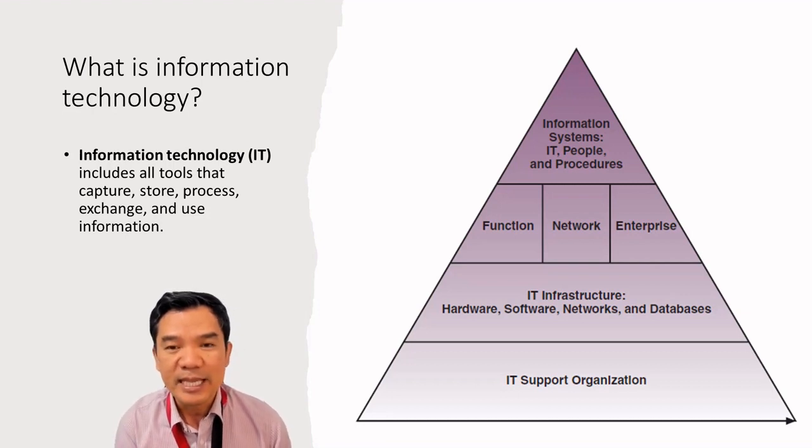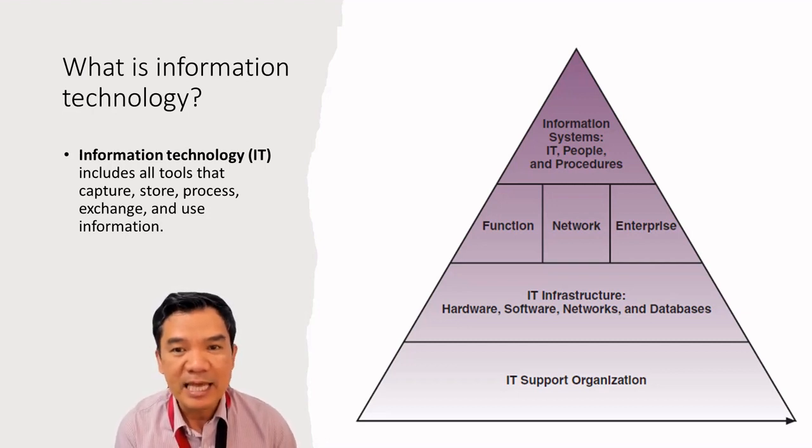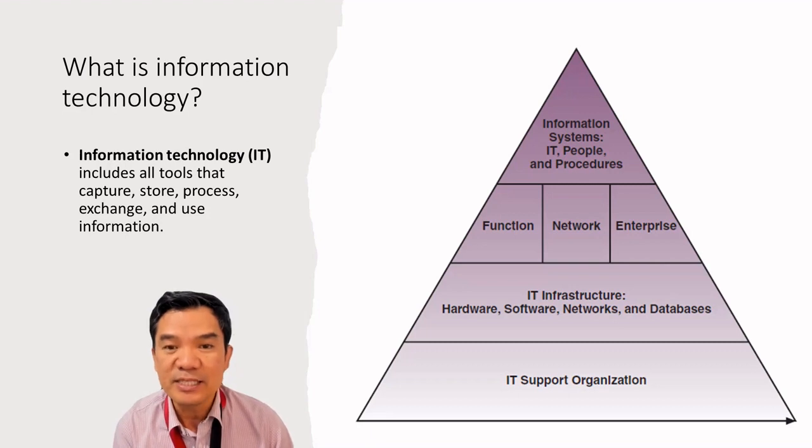meaning the human aspect of implementing ICT or information systems within the organization. Next is exchange, meaning how different organizations are using data or exchanging information from one office to another. And lastly is use information, meaning how they utilize information.